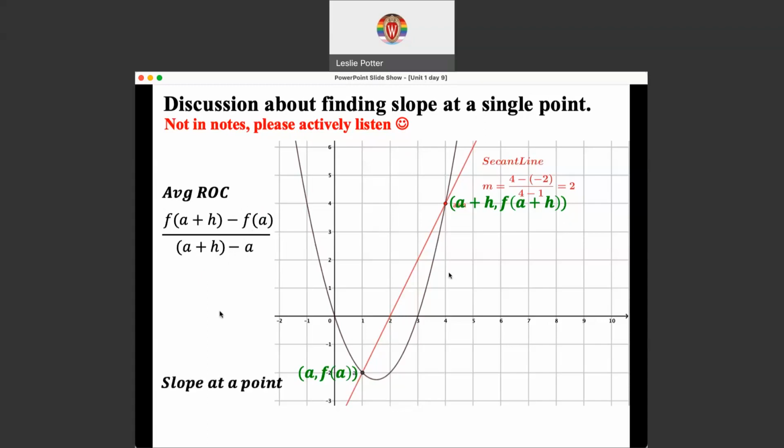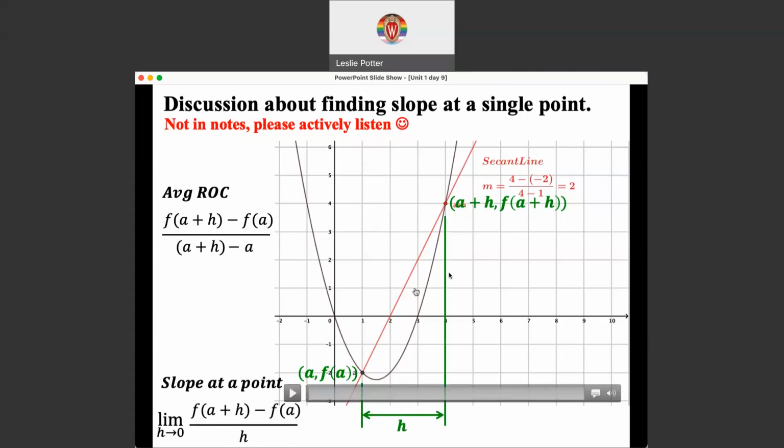Okay, so the way we get the slope at a point is we take that expression. I've simplified the denominator. We take this expression for our secant line, and there's that distance h. Plus h just means I've moved to the right h units. And we are going to take the limit as h goes to 0.